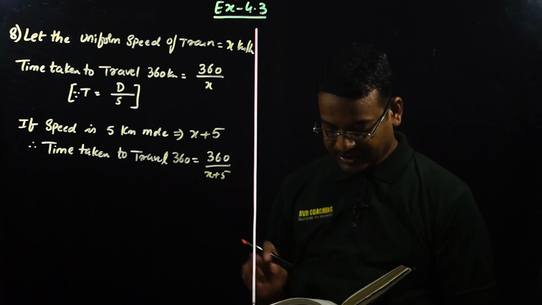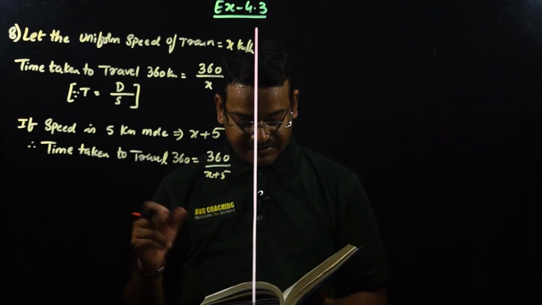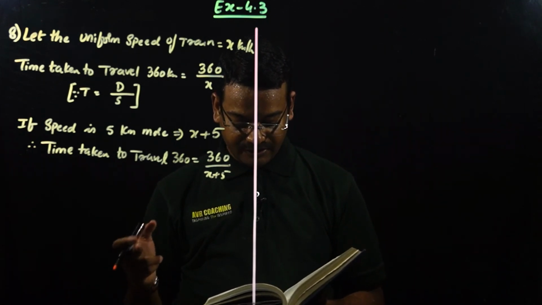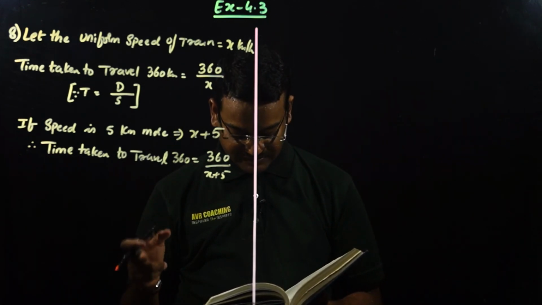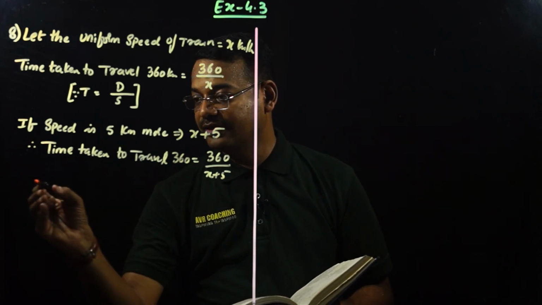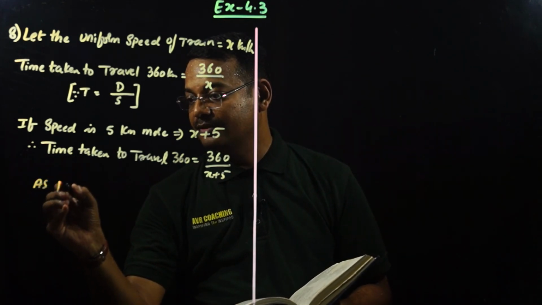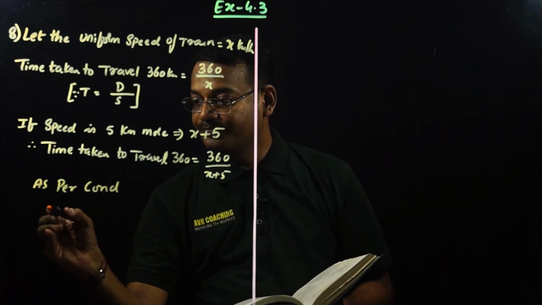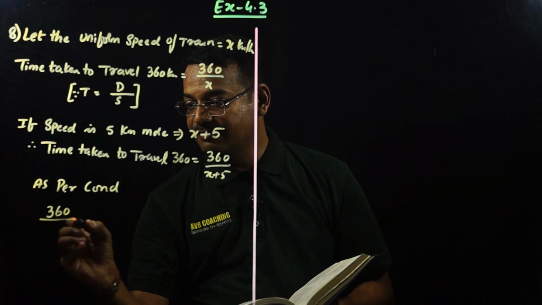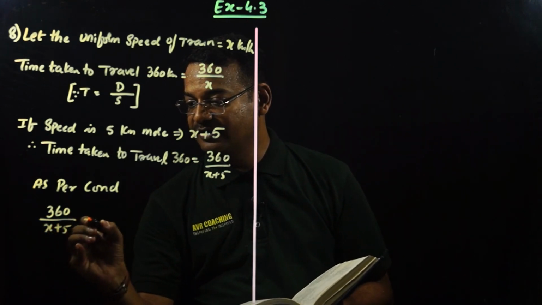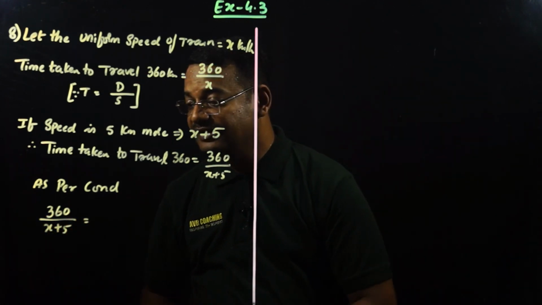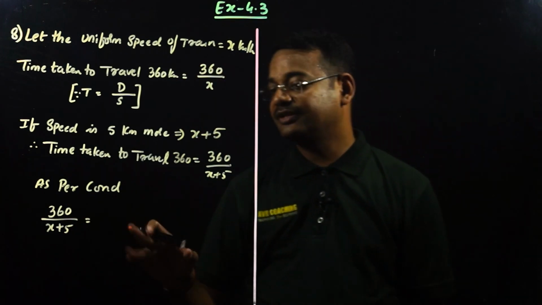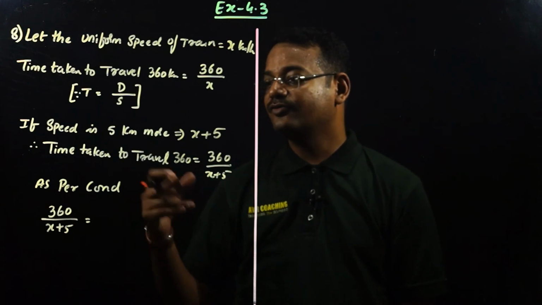Now as per the question, if a train is traveling at 5 kilometers per hour more than the usual speed, it would have taken 1 hour less for the same journey. So according to the condition, 360 by x plus 5 is the new time taken by the train if the train speed is increased by 5 kilometers per hour.